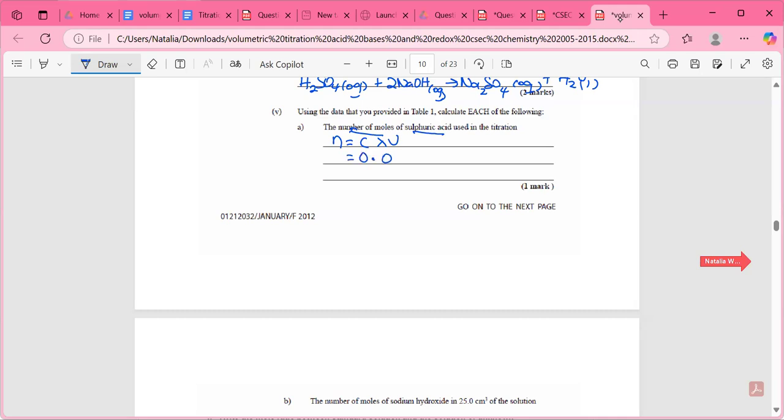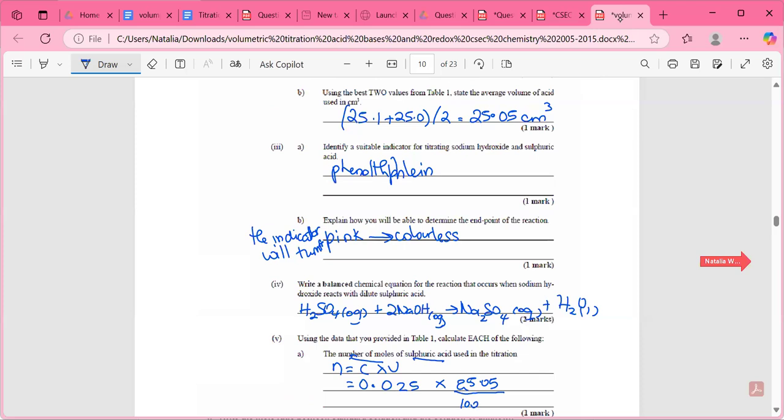So 0.025 mole multiplied by 25.05. That's in centimeters cube. To get it to dm cube, I must divide by 1,000.